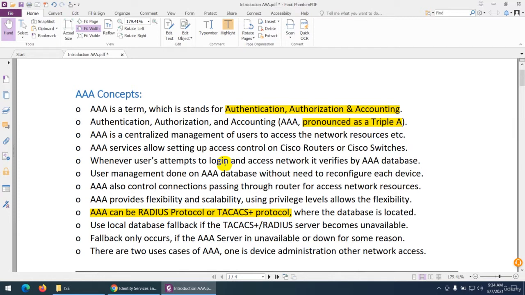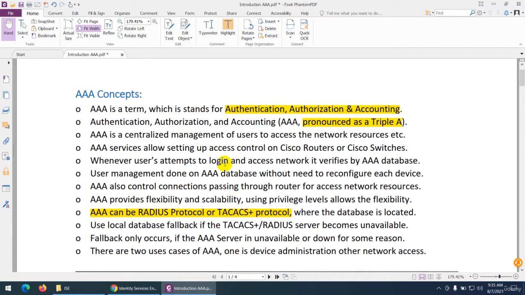So you can give them privileges, maybe support, maybe read only access, read write access. When you use the AAA protocol TACACS, you can use it for that purpose.